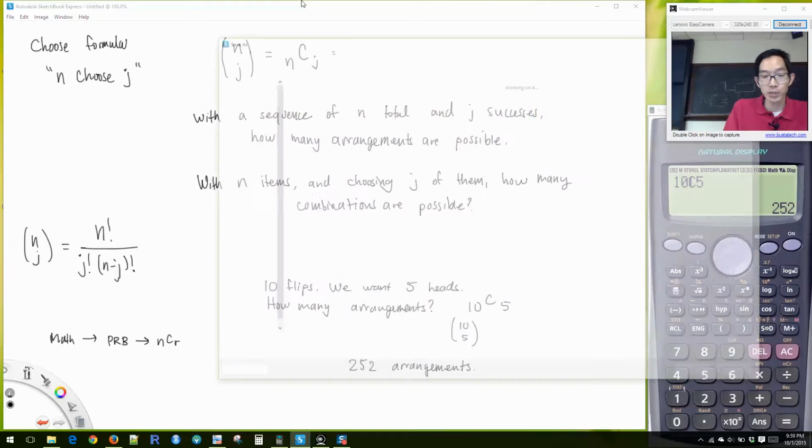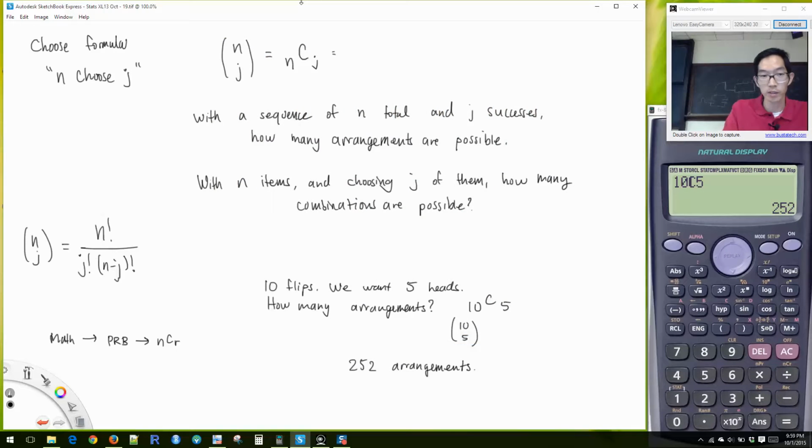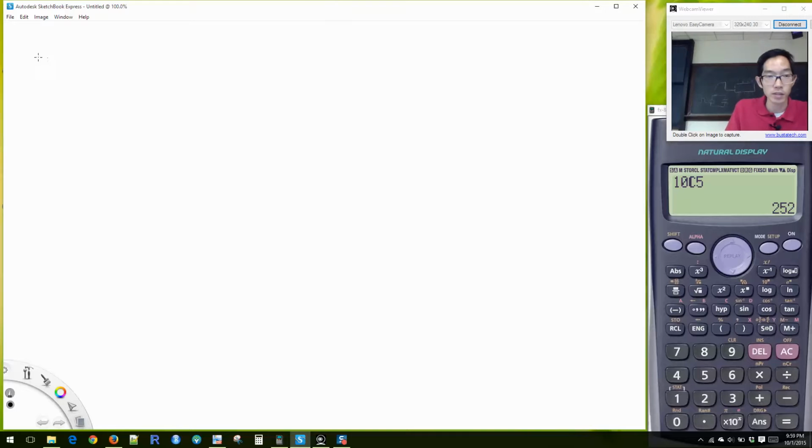Okay, and so putting this all together for binomial, we have n trials, j successes, and p is the probability of success. I should say we want j successes.